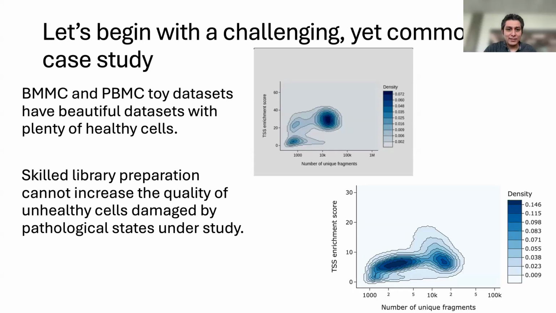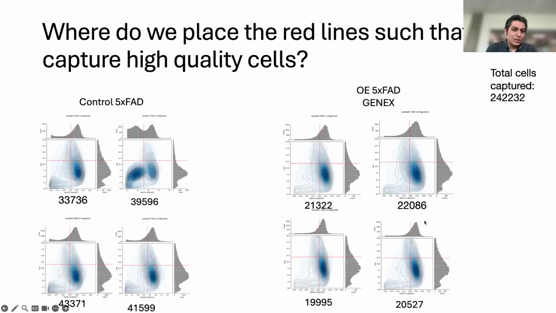If we go back to that TSS enrichment versus unique fragment plot, the important question we can ask on a per sample basis is where can we place our thresholding cutoffs such that we capture high quality cells, or at least cells that are representative of the sample that we're measuring.